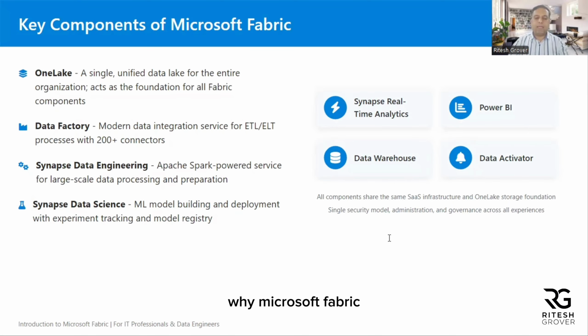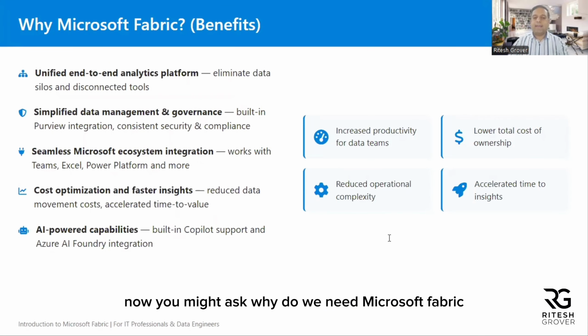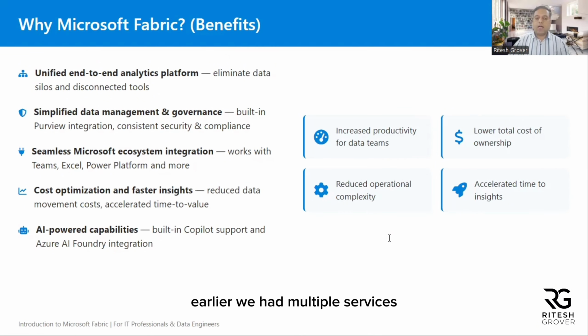Why Microsoft Fabric? Now, you might ask, why do we need Microsoft Fabric? The answer lies in simplification and unification. Earlier, we had multiple services for different parts of the analytic process, like ETL, data warehousing, BI, and AI, often managed separately.